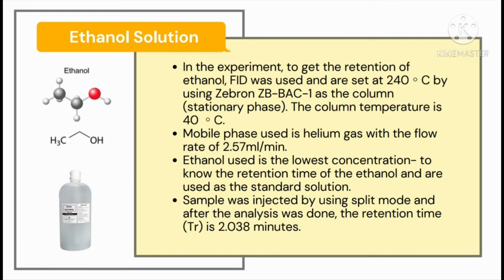Ethanol is used at the lowest concentration because this ethanol solution is used as the standard solution. The sample was injected using split mode, and after the analysis was done, the retention time shown by the peak in the chromatogram is at 2.038 minutes.